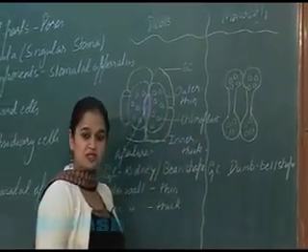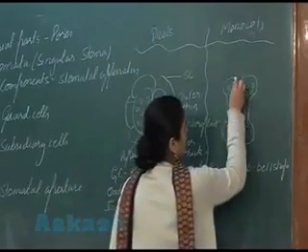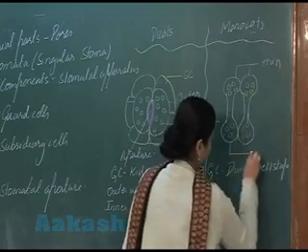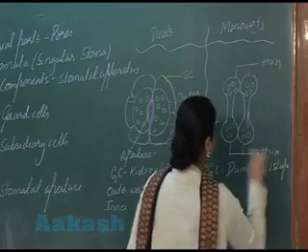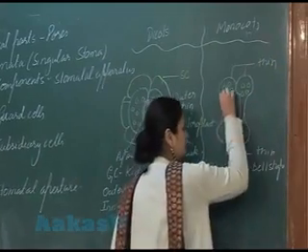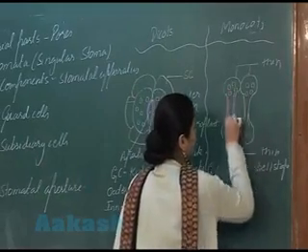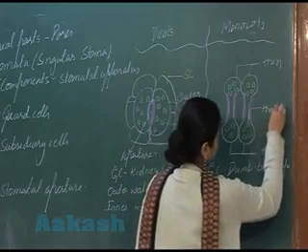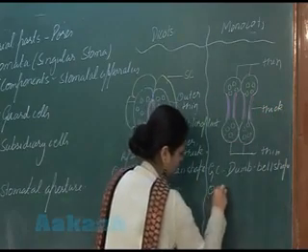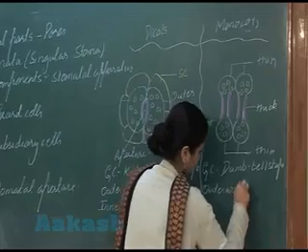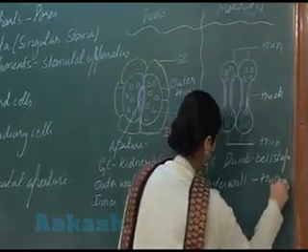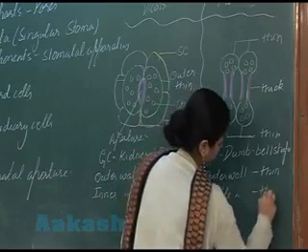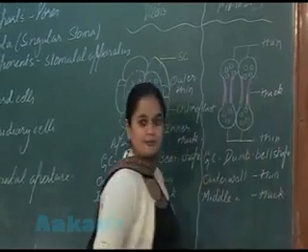The wall is differentially thickened. The outer walls are thin, and the middle walls are thicker. Outer wall thin, and middle wall thick.